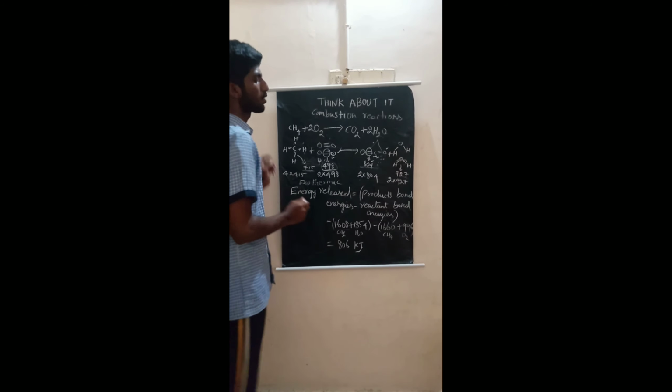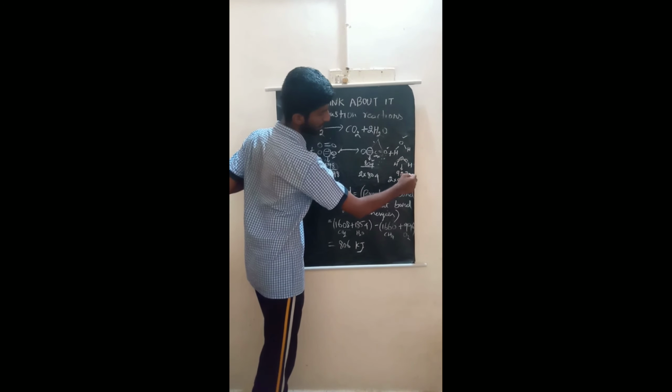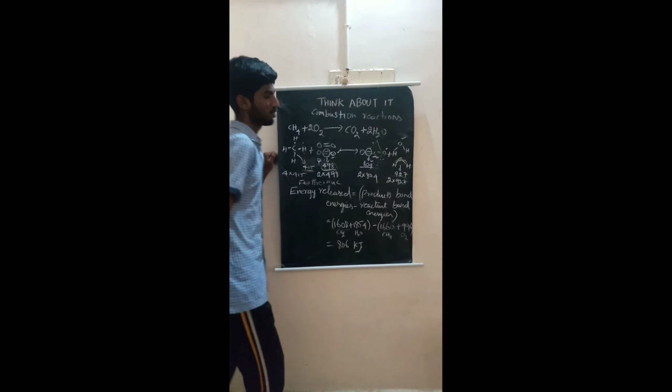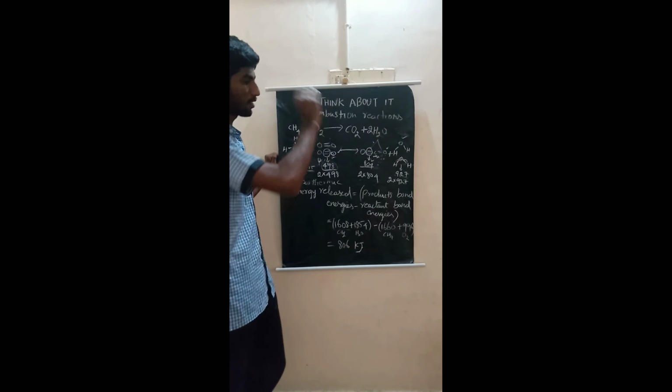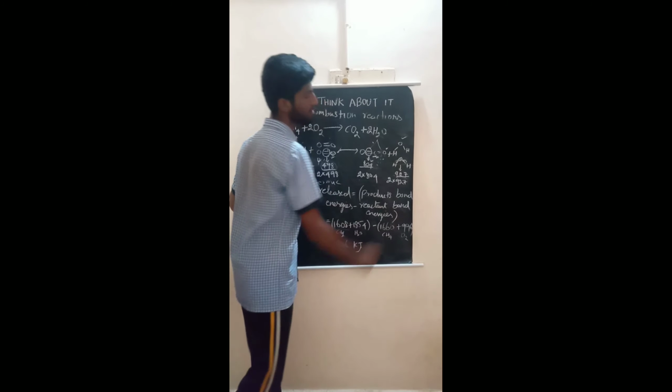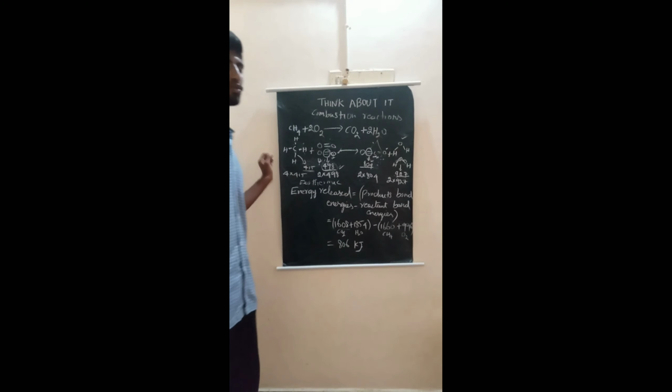In the water molecule also, the oxygen is bonded with 927 kilojoules of energy, because we have to break these two OH bonds to separate the oxygen atom. So 927 kilojoules of energy is needed, while here it is again 498 kilojoules.